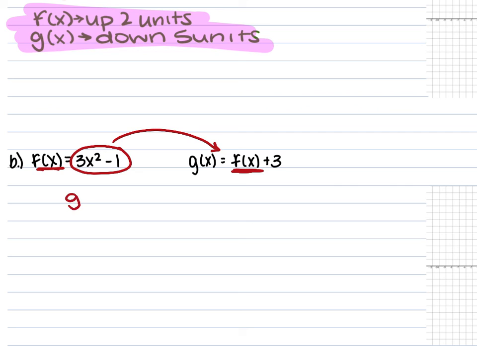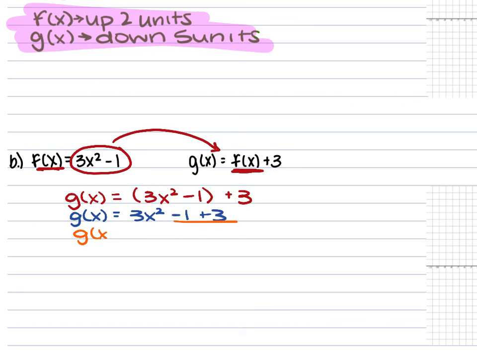So g of x is equal to f of x, which is 3x squared minus 1, plus 3. Get rid of your parentheses. You have g of x is equal to 3x squared minus 1 plus 3, and combine your like terms. So g of x is equal to 3x squared plus 2.